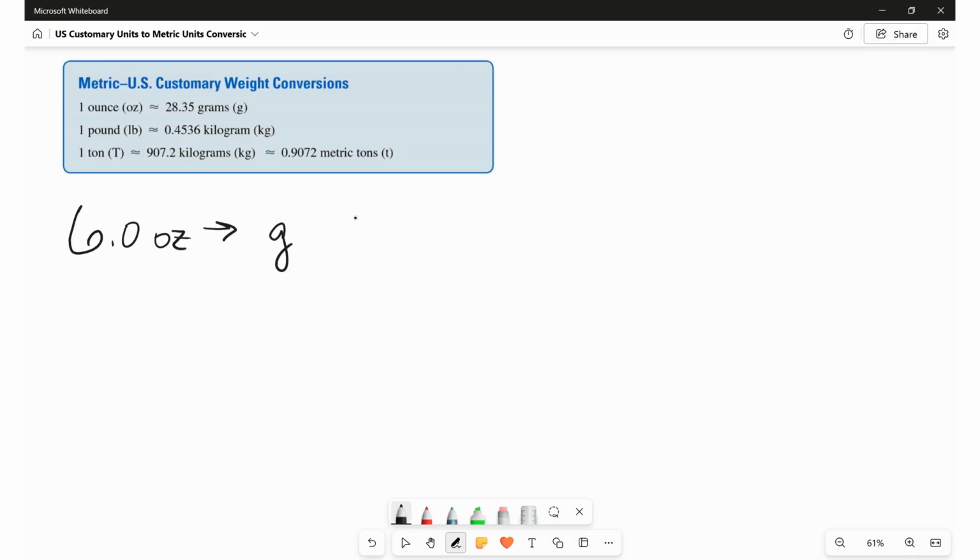We start out with our ounces, that goes on top, and we multiply this by the ratio that corresponds to grams and ounces. So we have 28.35 grams over 1 ounce. Our ounces cancel, and this leaves us with approximately 170 grams.